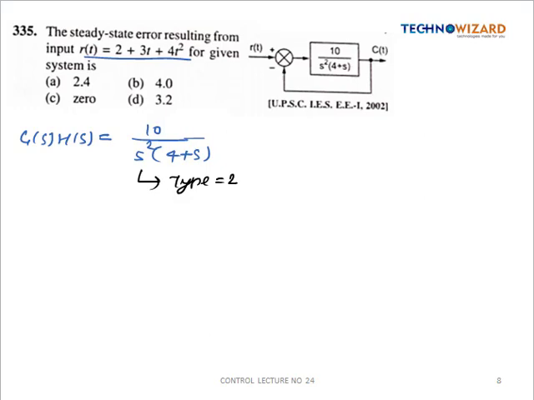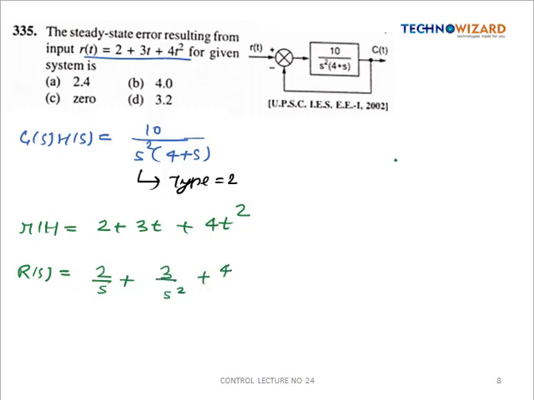Now the input here is r(t) = 2 + 3t + 4t², that is, 2 is a step input, 3t is a ramp input, and 4t² is a parabolic input. So let us take the Laplace. It will be equal to 2/s + 3/s² + 4 times the Laplace of t². Laplace of tⁿ is given by n!/sⁿ⁺¹.